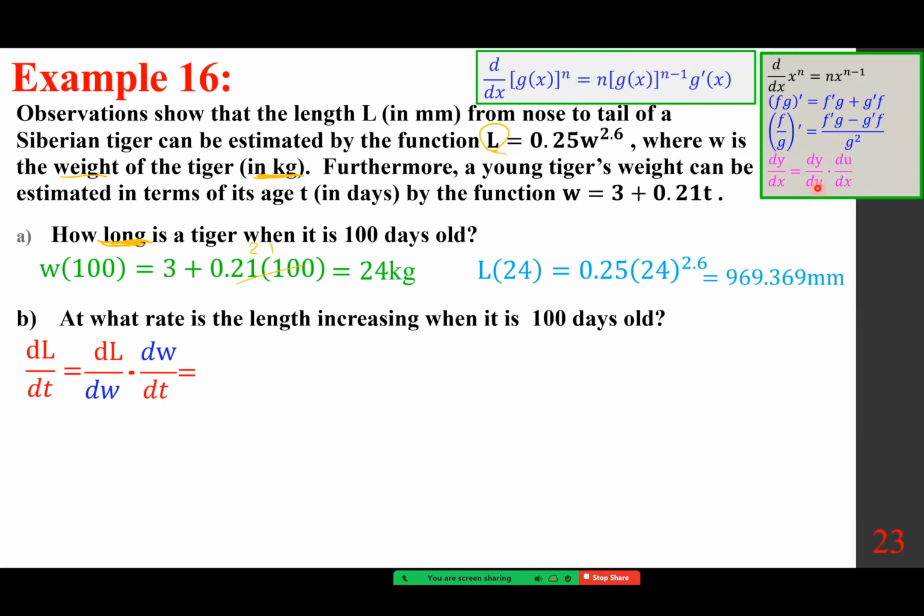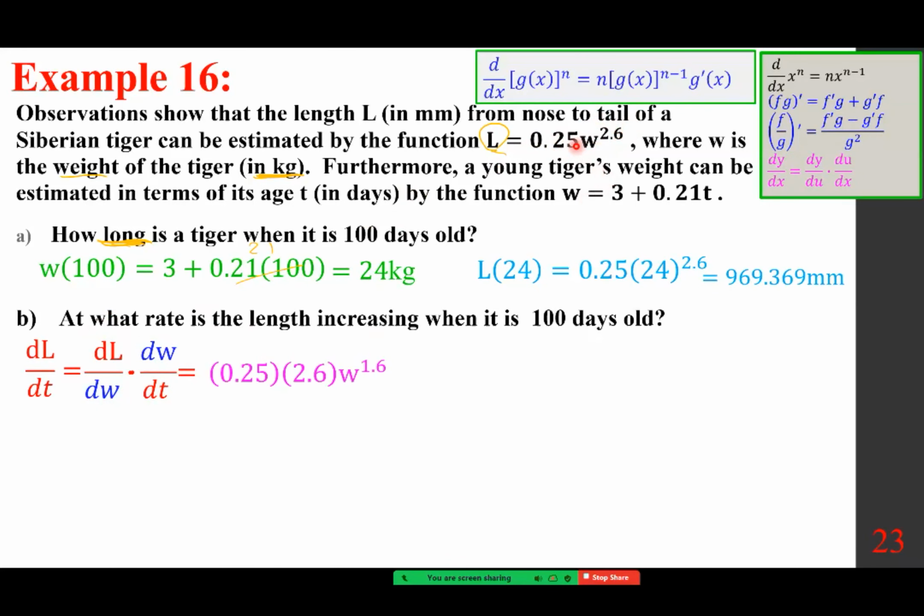What does it mean? Well, if you look at this one, it says take the derivative of this function with respect to W. In other words, in this case, W is your independent variable. So let's differentiate this one, everybody. So 0.25 times 2.6 times W to the power of 1.6.